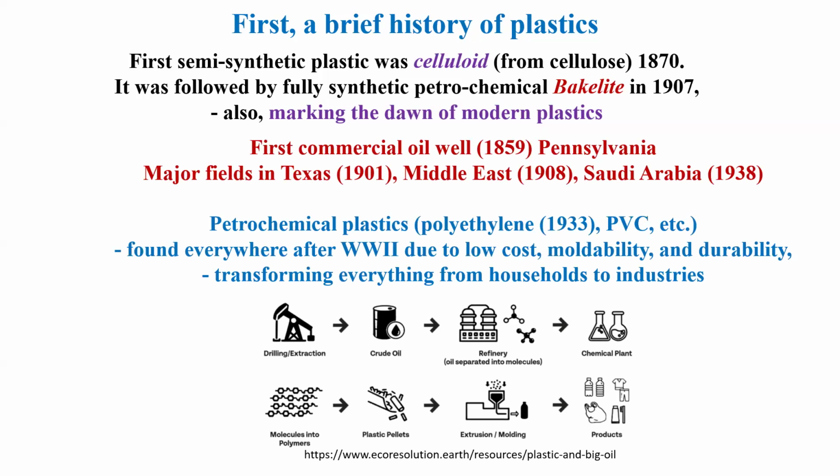Some major fields were operational in Texas in the beginning of 1900, and also in the Middle East later, and Saudi Arabia. So petrochemical plastics like polyethylene and PVC were soon found everywhere after the Second World War, and this was because of their low cost, and they were easy to form and so on.